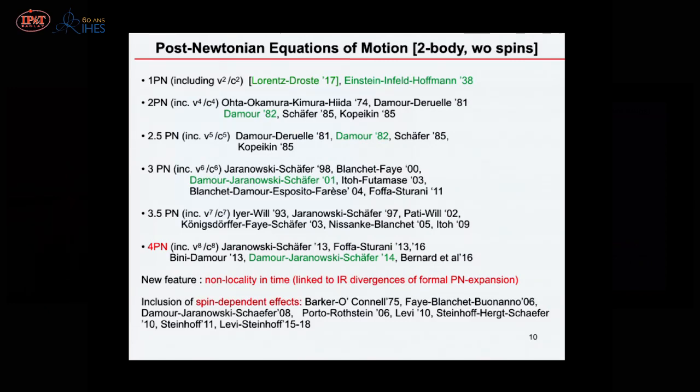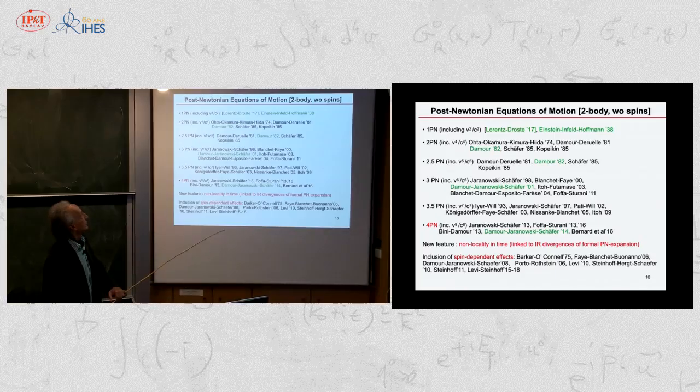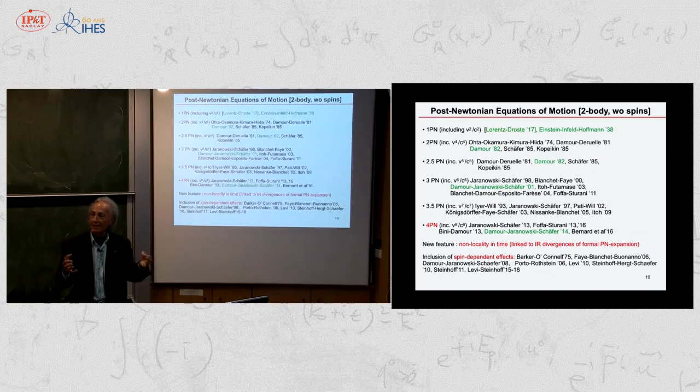Let me just describe quickly the results. Here I'm summarizing the computation of the Hamiltonian of two interacting point masses going around. Evidently, the first solution was obtained by Newton before Einstein.